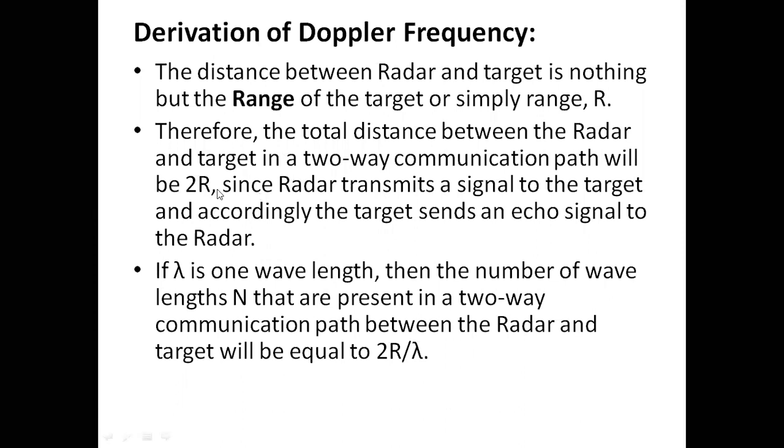If you have a two-way path, then the distance will be 2R. And if lambda is the wavelength, then the total number of wavelengths present in two-way communication is 2R by lambda.